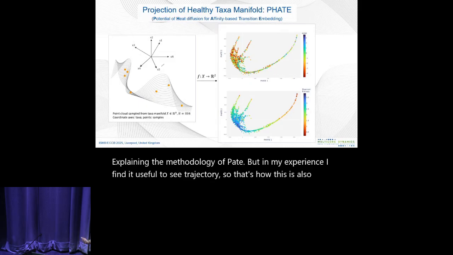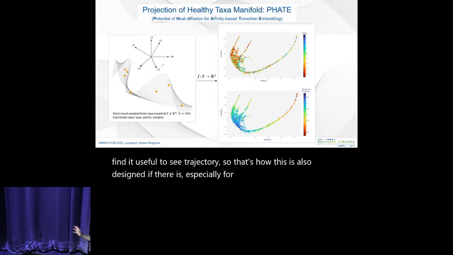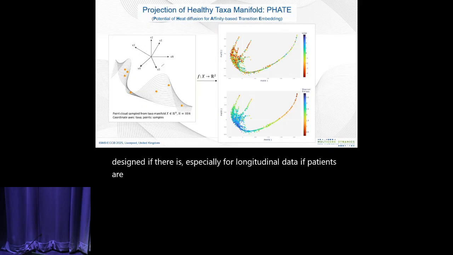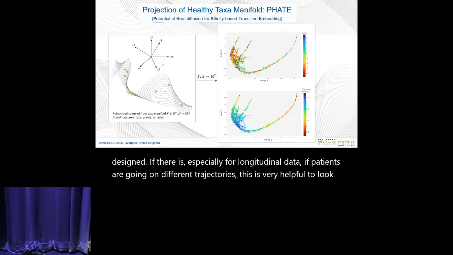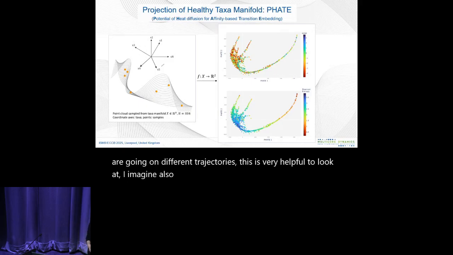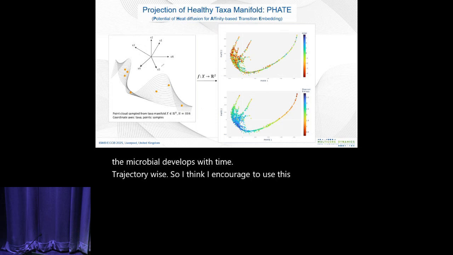Especially for longitudinal data, if patients are going on different trajectories, this is very helpful to look at. I imagine also in microbial studies it would help to see how the microbiome develops with time, trajectory-wise. So I encourage using this methodology for data projections.